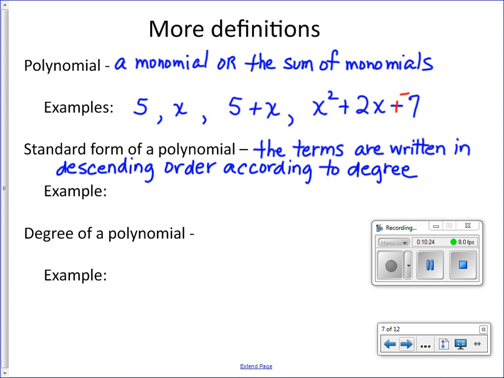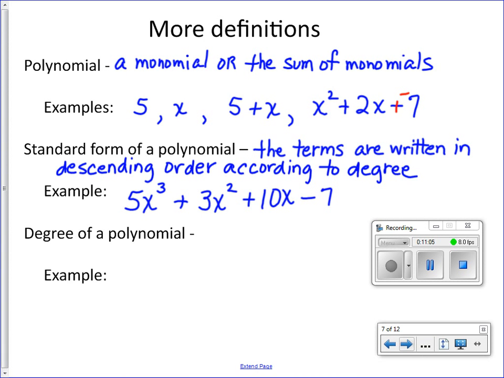All right, so let's take an example. I'm going to make one up, and we'll write it in standard form as we write it. You want to look for the term that has the highest exponent, or the highest degree. So, for instance, 5x to the third would be written first before 3x squared, before 10x, before minus 7. And the reason why this is in descending order, don't look at the coefficients.